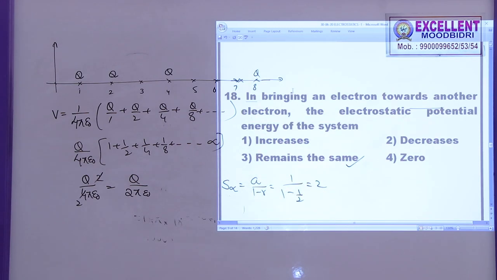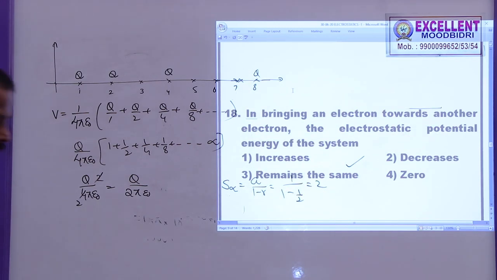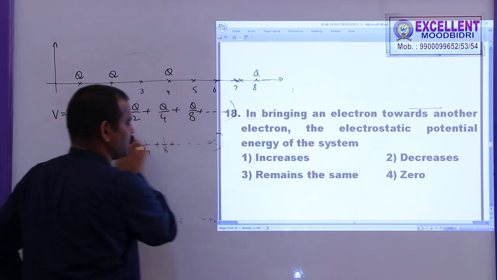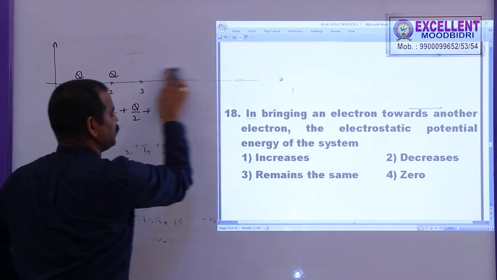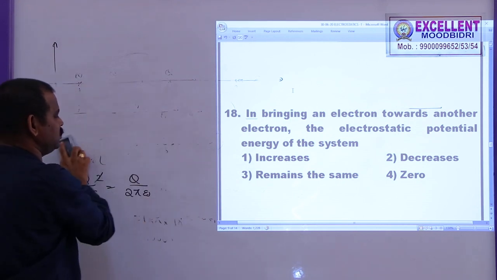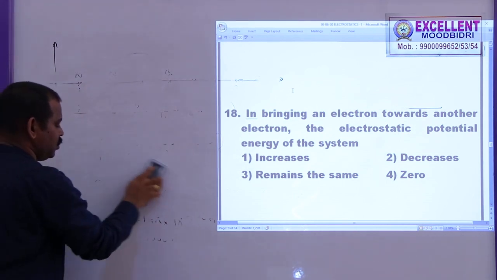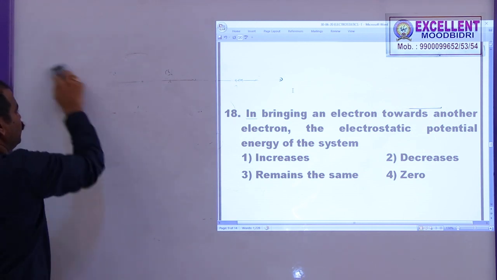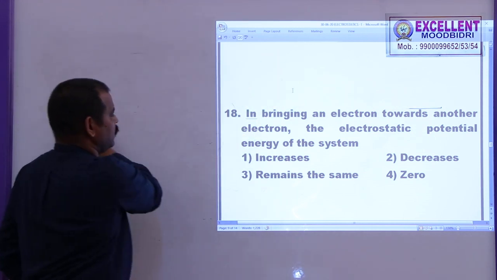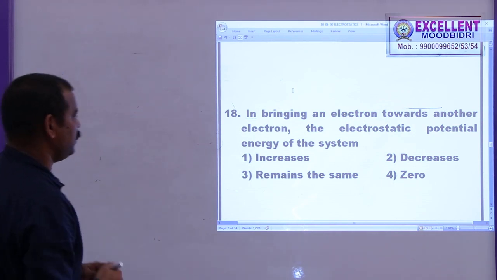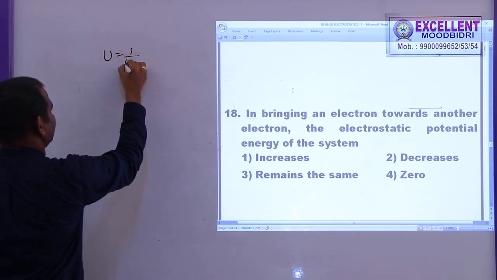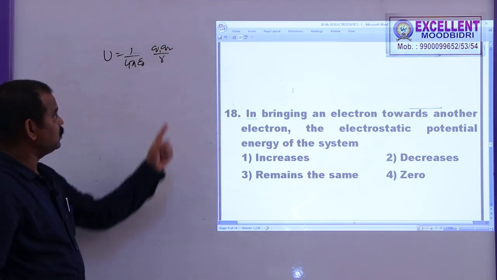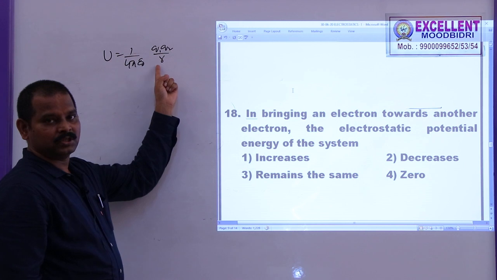Now if you see the next problem: in bringing an electron towards another electron, the electrostatic potential energy of the system increases, decreases, remains the same or is 0? We know that the electrostatic potential energy due to two point charges is given by U is equal to 1 by 4 pi epsilon naught q1 q2 by r, that is the product of the two charges by the distance between the two charges.